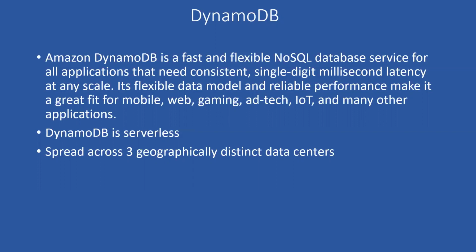They don't mention availability zones. They mention on the website 3 distinct data centers, but essentially you have it. So it's highly available with single-digit millisecond response times. That's the beauty of Amazon's database.